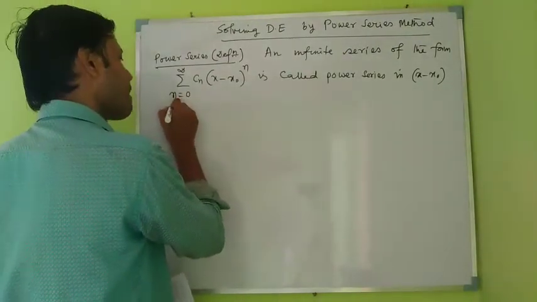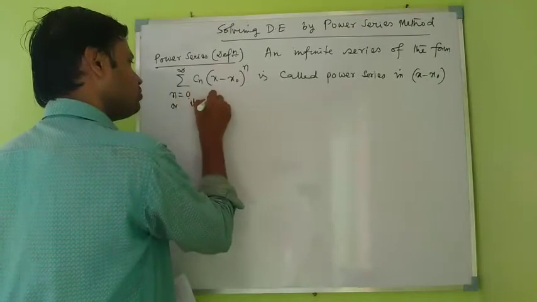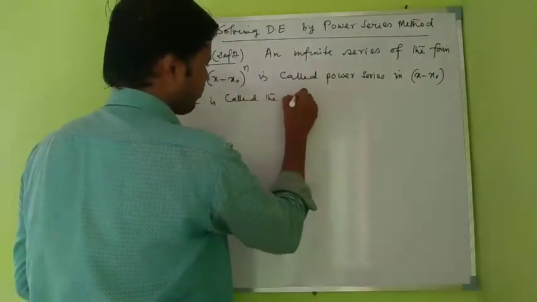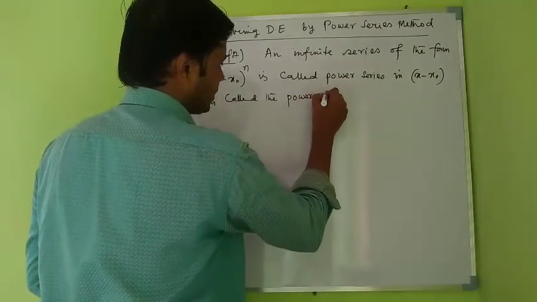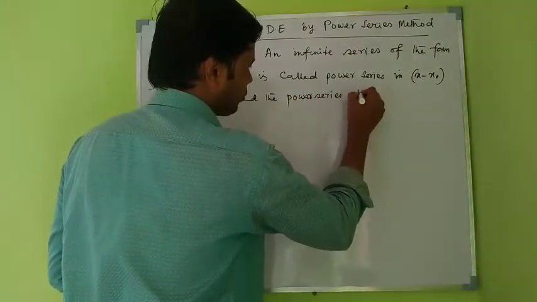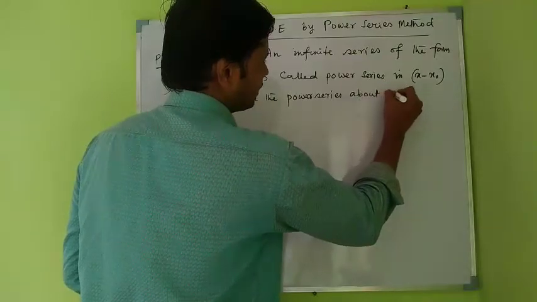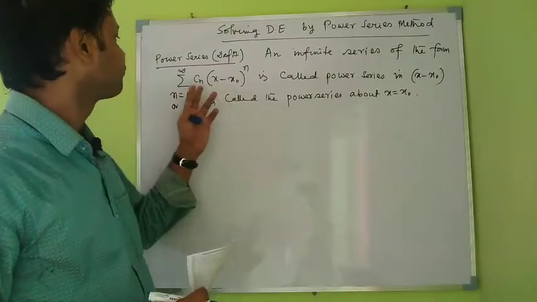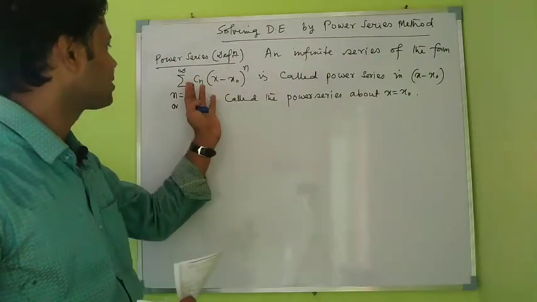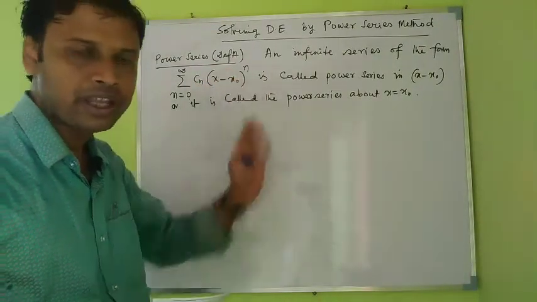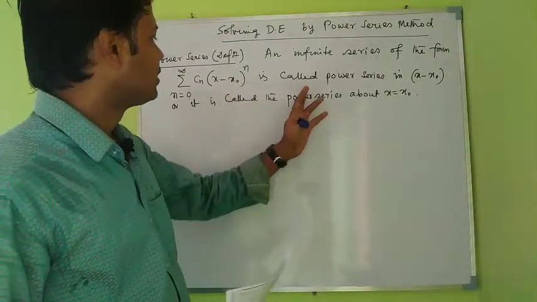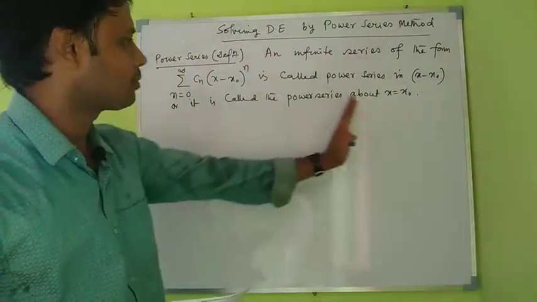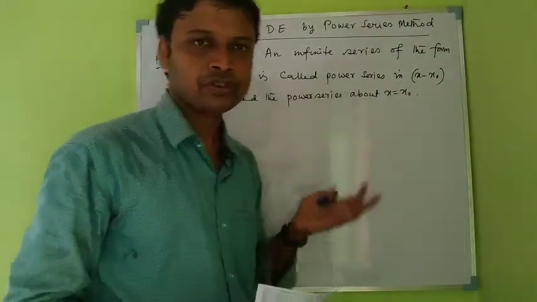or it is called the power series about x equals x naught. So the infinite series sigma Cn (x minus x naught)^n is called the power series in x minus x naught, or the power series about x equals x naught. So both are the same.